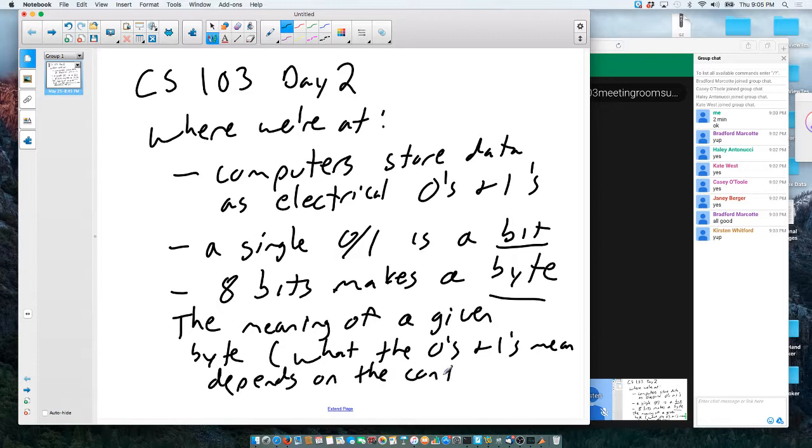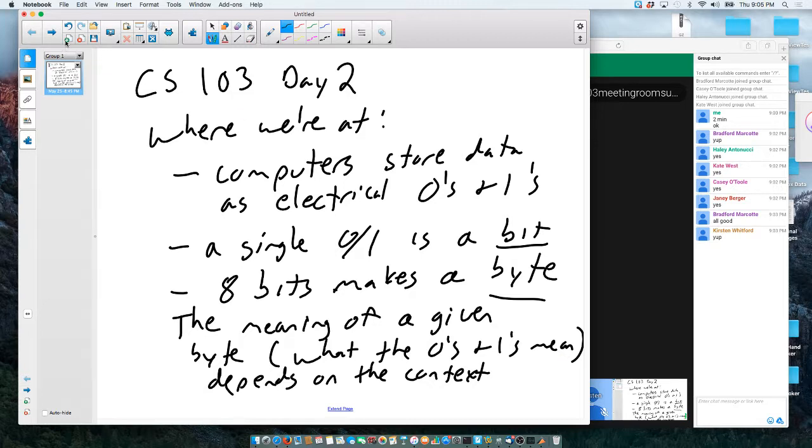And by the context, I mean the situation you're using it for. Whatever program or whatever part of the computer is using it can store those bits and interpret them in different ways. So it's very possible, even likely, that the exact same sequence of zeros and ones could mean different things based on what context, what situation we are talking about with how to interpret it.